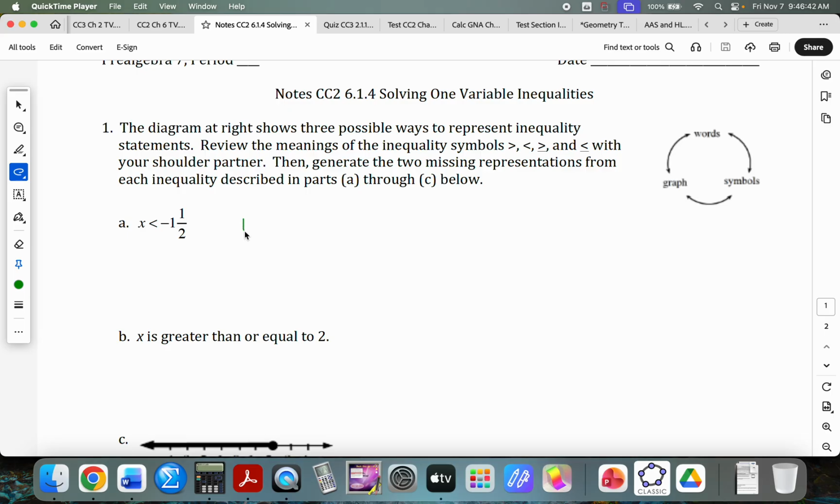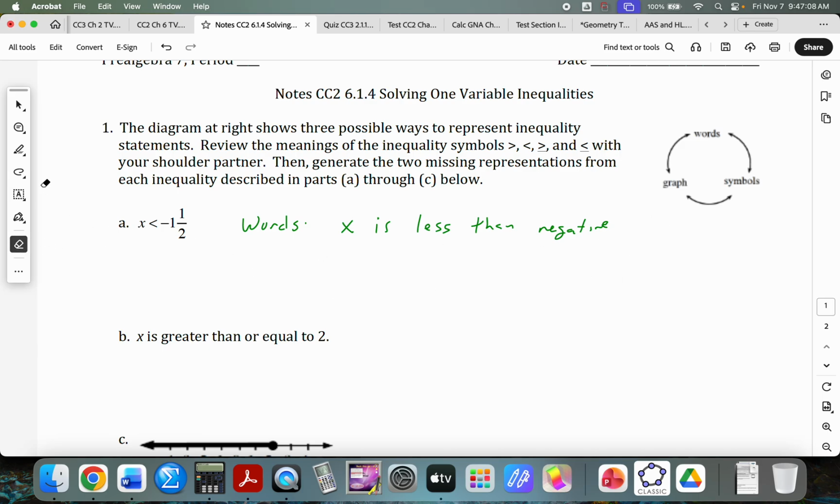In words, this would be x is less than negative 1 1/2. I suppose if we could make it all words, couldn't we?